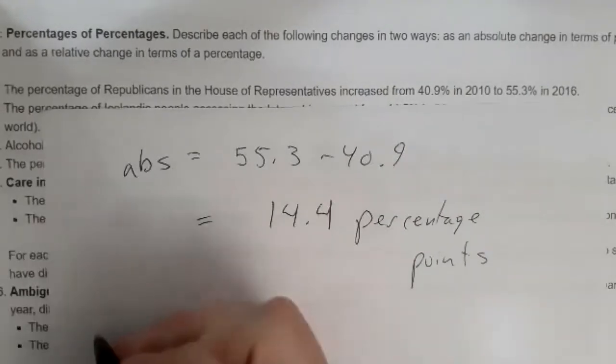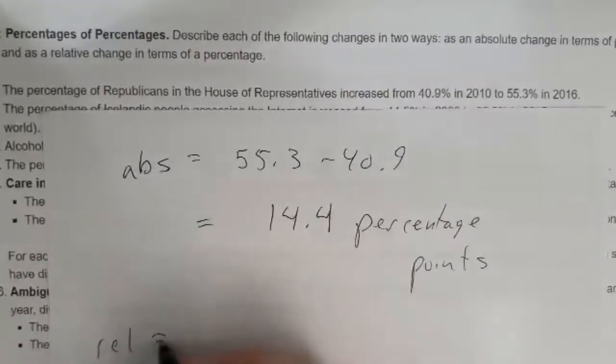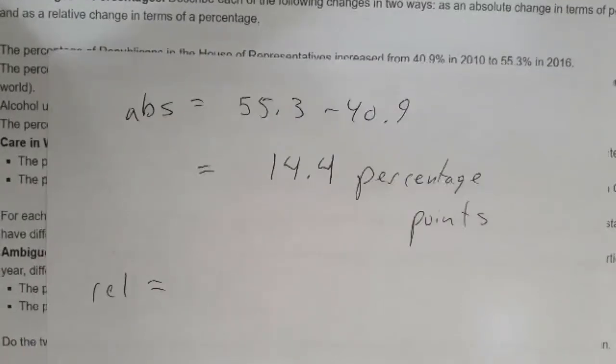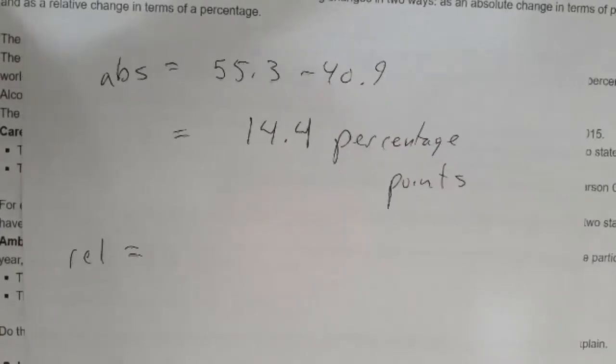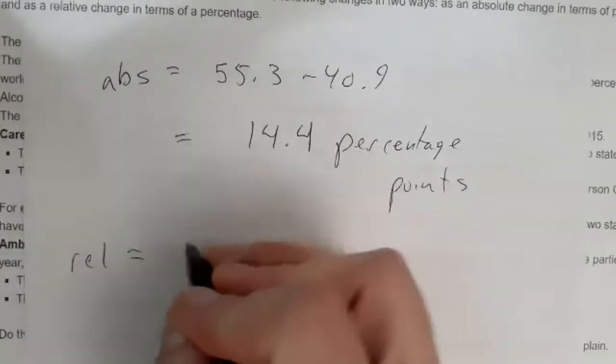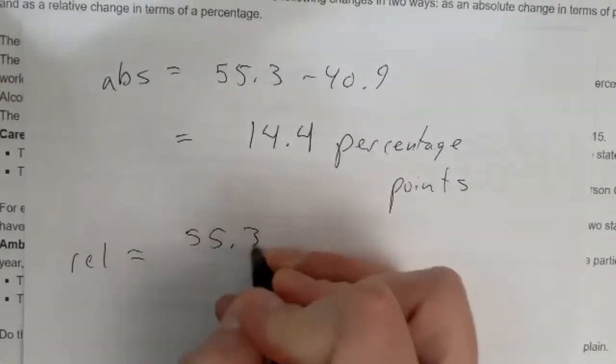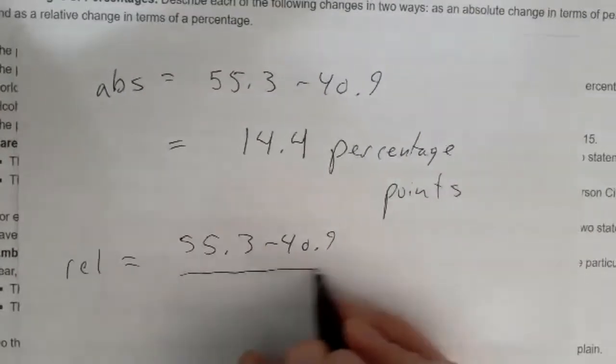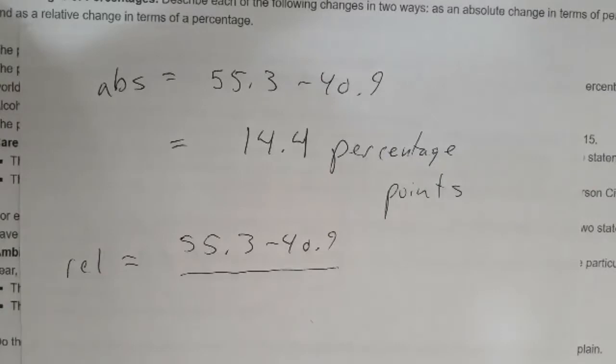The relative difference. I'm hoping these things start filling themselves out pretty soon because it's all kind of the same pattern, right? If this is my absolute difference, my relative difference should look like that thing on top. And if that thing is on top, guess what number has got to go on bottom? 40.9.